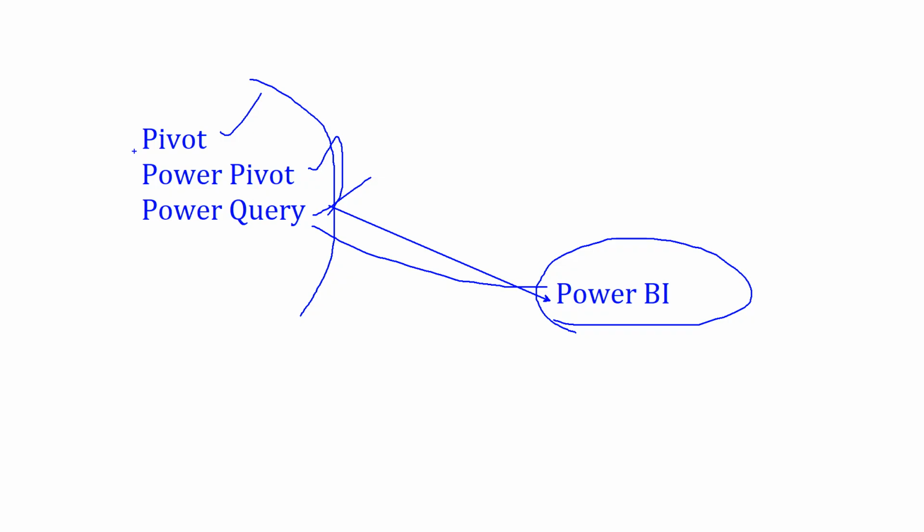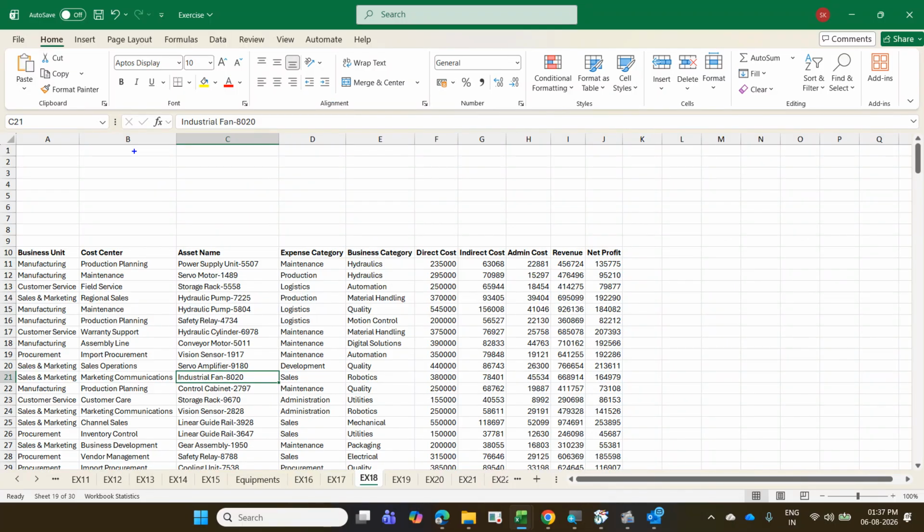Before creating a pivot, remember some conditions. Condition number 1: no merged cells in between. Condition number 2: the table should have a heading.